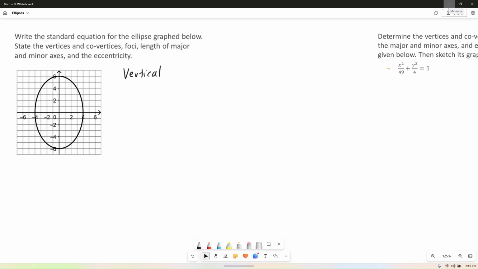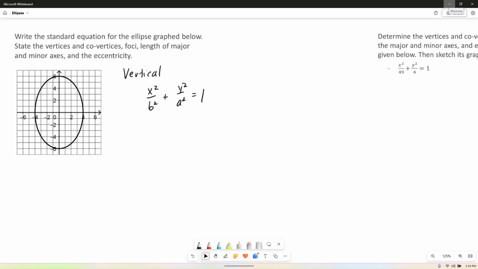The equation for a vertically oriented ellipse is x squared over b squared plus y squared over a squared equals 1. The way to remember what that equation looks like is, if you compare a and b, we want a to always be the bigger value, and the bigger value goes with the variable that corresponds with our orientation.